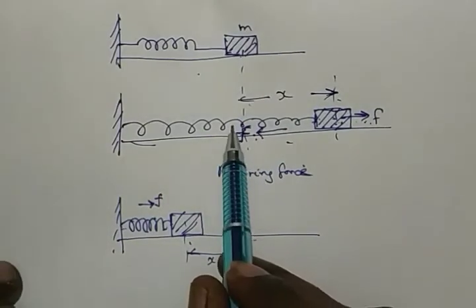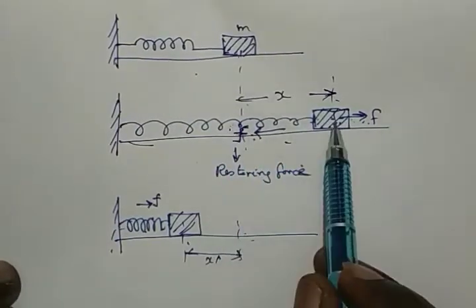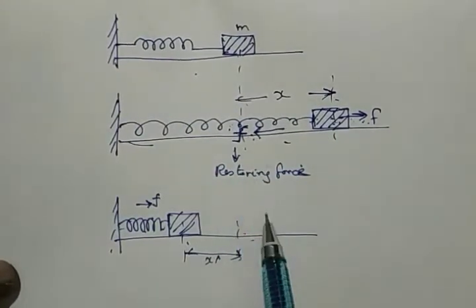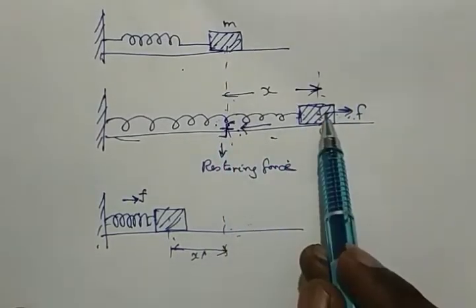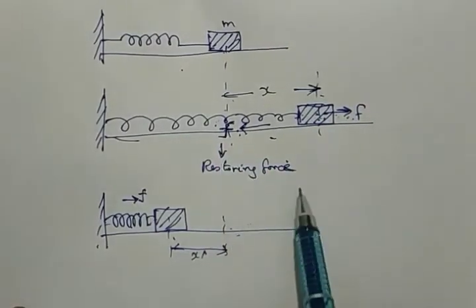Now when you increase the distance here, the more the distance, the more will be the restoring force. So it becomes a kind of proportionality. Because of the distance here, there is a restoring force.